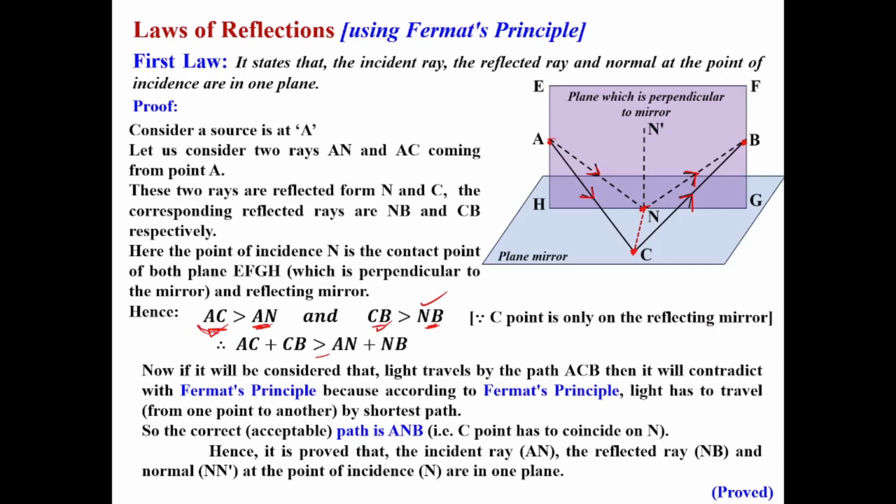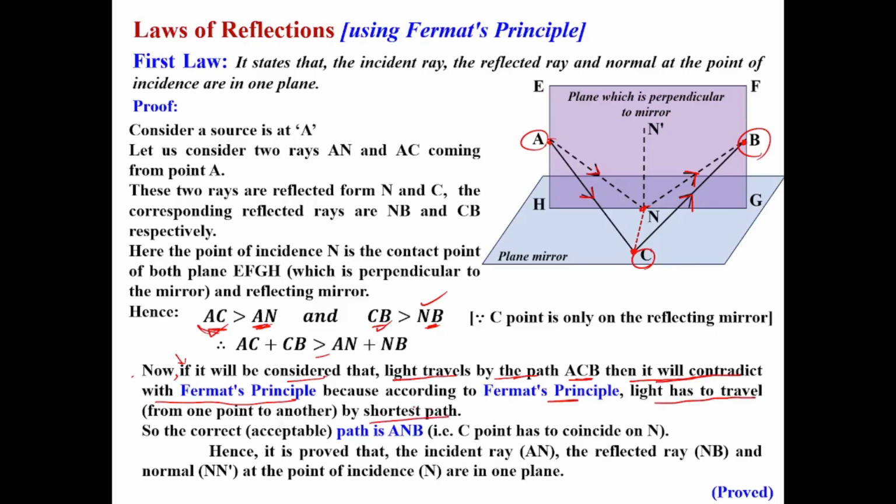Now, if it is considered that light travels by the path ACB, then it will contradict Fermat's principle. If it is considered that light travels by the path A to C to B, it will contradict Fermat's principle, because according to Fermat's principle, light has to travel from one point to another by the shortest path.